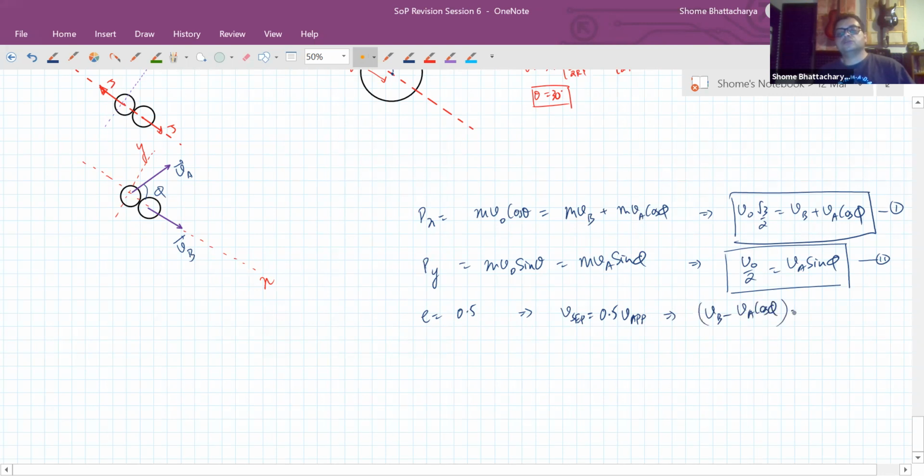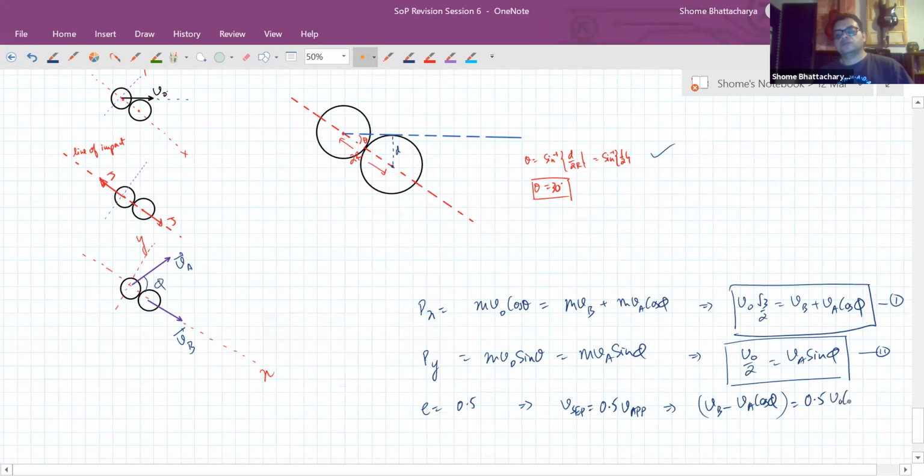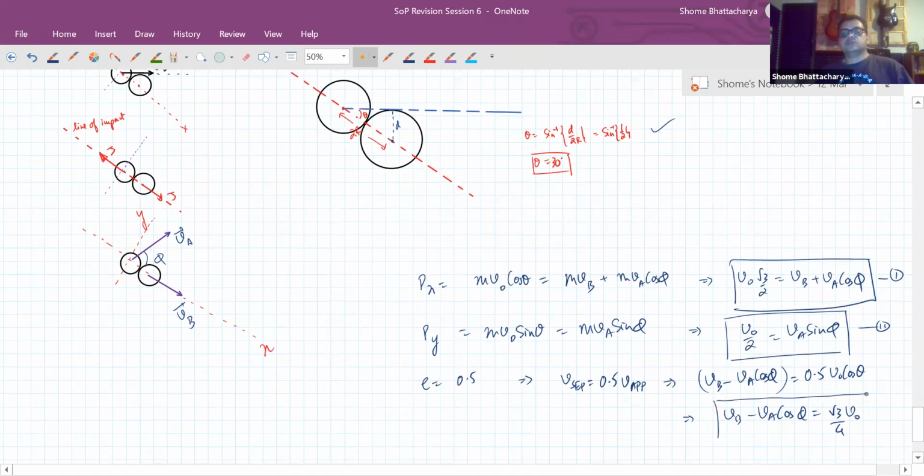And that should be equal to 0.5 times the approach velocity in the first diagram, which is v0 cos theta. So this tells us that vB minus vA cos phi is equal to root 3 v0 by 4, because theta was 30 degrees. So this becomes our third equation.